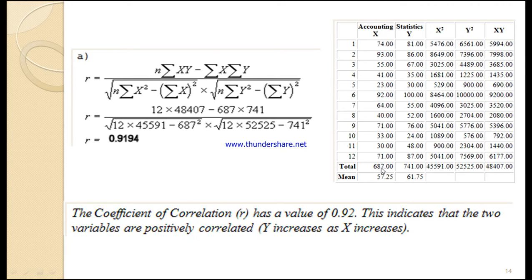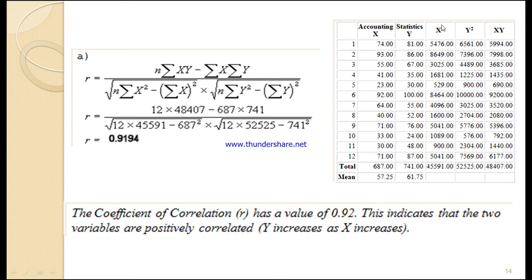Here the sum of x is about 687, so we take that, times the sum of y, which is about 741, so we take the result here, divided by the square root of n, which is 12, times the sum of x square.